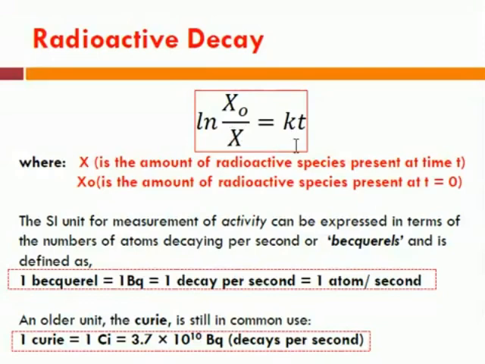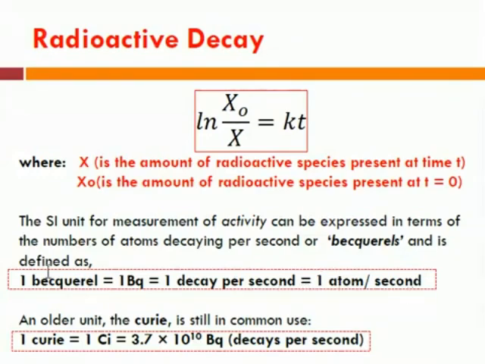The SI unit for measurement of activity can be expressed in terms of the number of atoms decaying per second, or atoms per second. 1 atom per second is equal to 1 becquerel, and 1 becquerel, capital B and small letter q, is the symbol we use for becquerel. 1 becquerel is equal to 1 decay per second, or 1 atom per second.